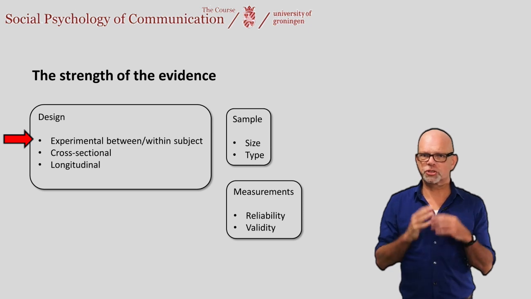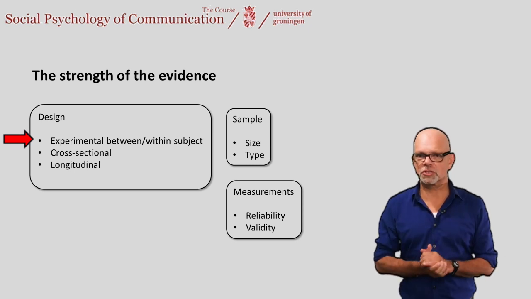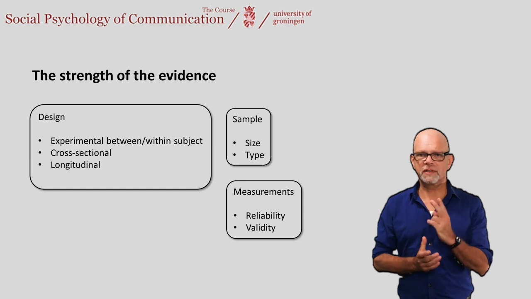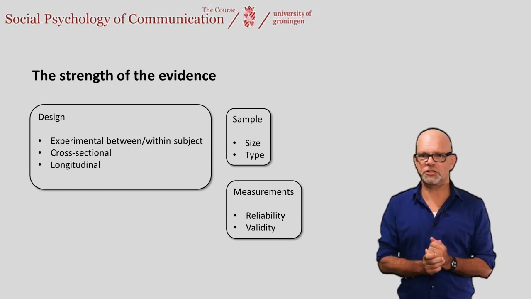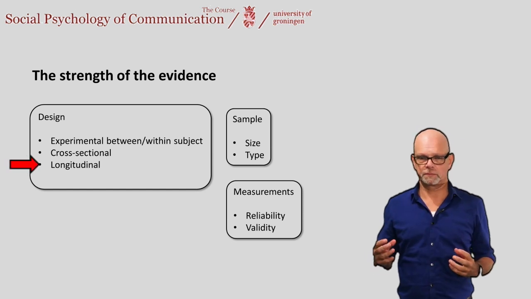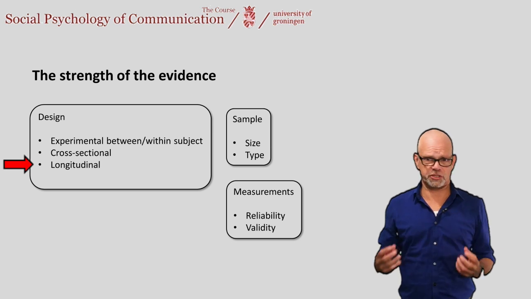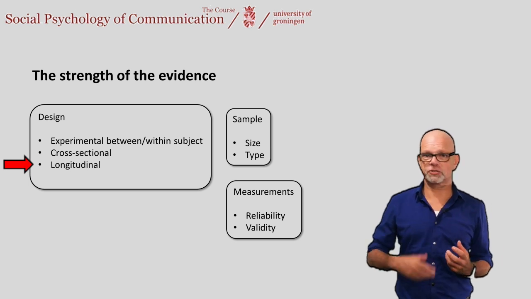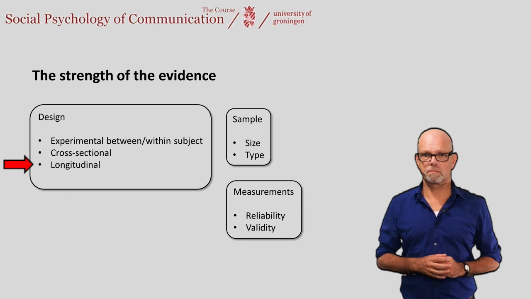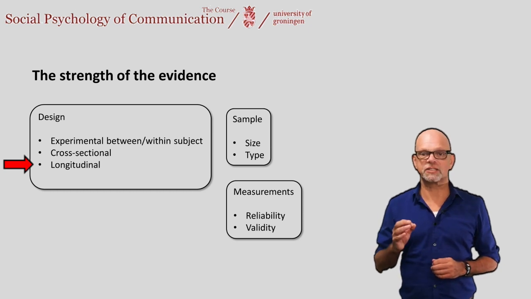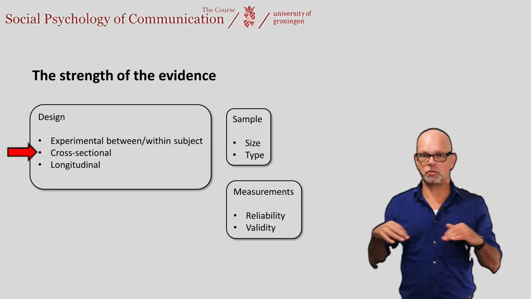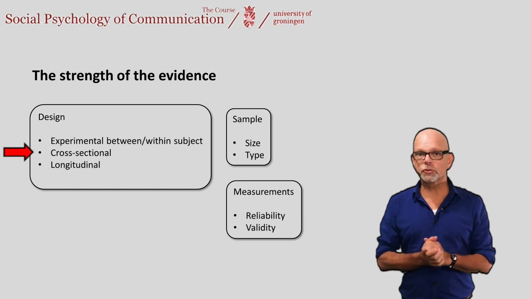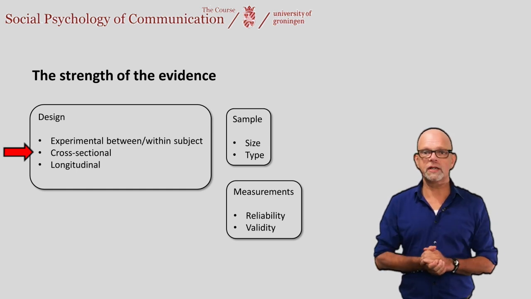It provides the strongest evidence about causality. At the least, the cause should be assessed before the effect, as in a longitudinal design with T1 and later T2 measurements. When cause and effect are assessed at the same moment cross-sectionally, then conclusions on causality become really tricky.